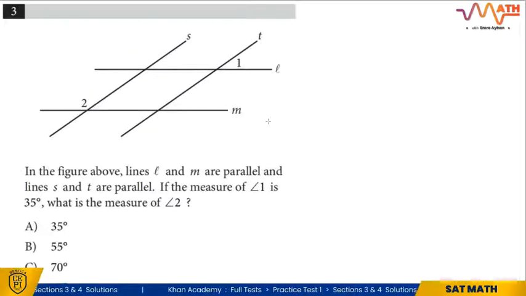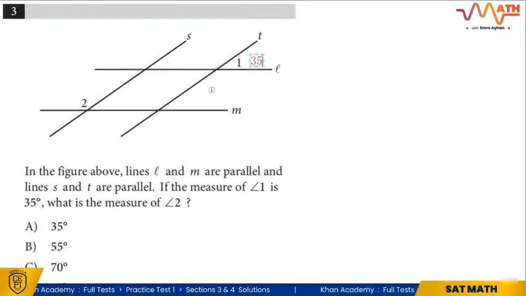In the figure above, lines L and M are parallel and lines S and T are parallel. If the measure of angle 1 is 35, what is the measure of angle 2? This is the question.